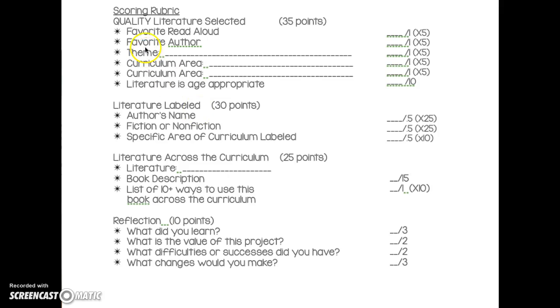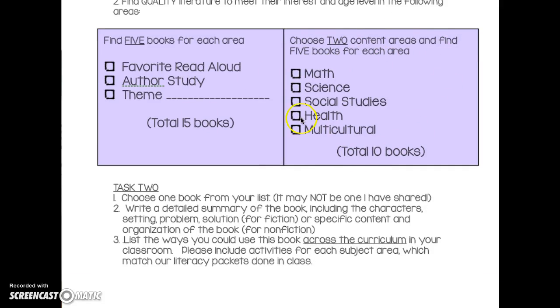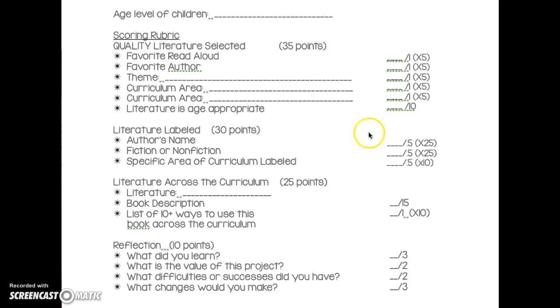After you've selected your 25 books in the 5 different areas, you will put the author's name and categorize them as fiction or nonfiction for each of your books. When you go up to the second section of books where you have 2 content areas, in that section you will label the title, the author, whether they are fiction or nonfiction, but you will also be required to tell the specific area of the curriculum labeled. I'll show you an example in just a moment.